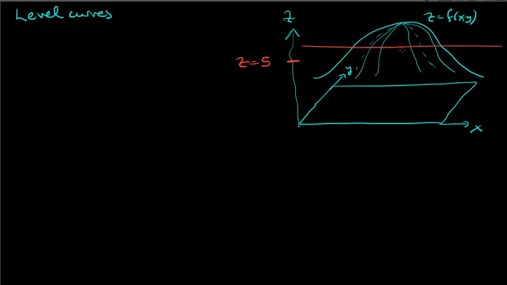We get a curve, right, that's a section of the surface. And if you put that on the xy plane below, you might get this curve over here, close enough, right? And if you use a different height here, you might get a different curve.